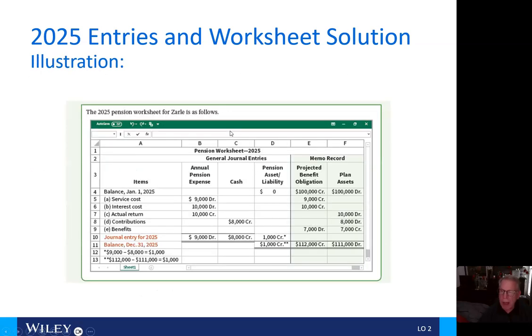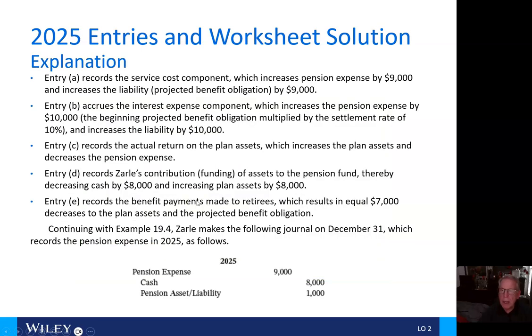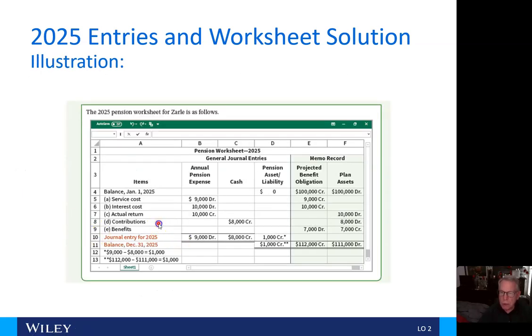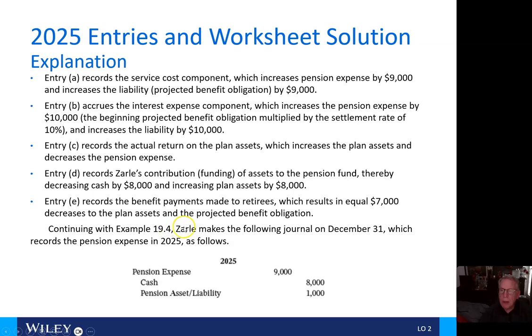If I look back on entry Charlie, our actual return, it records the actual return on plan assets, which increases plan assets and decreases the pension expense here. And then under entry Delta, contributions, that records Zarl's contribution funding of assets to the pension fund, thereby decreasing cash by $8,000 and increasing plan assets by $8,000.